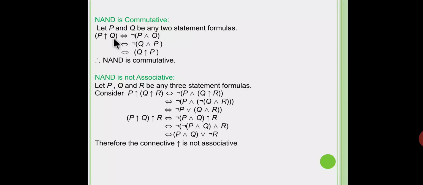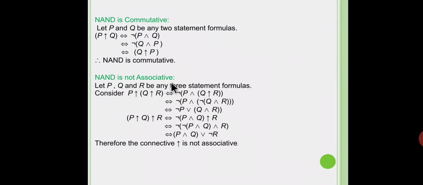Then P NAND Q is equivalent to, by the basic rule, negation of P and Q. By the commutative law we write this as Q and P. From this we write Q NAND P. So we considered P NAND Q and showed Q NAND P. This is a commutative property. So NAND is commutative.